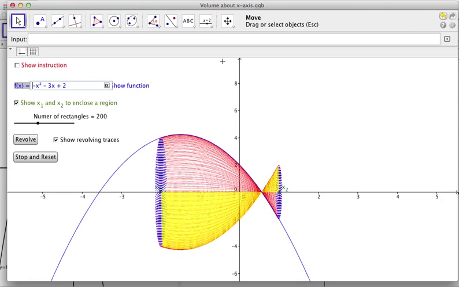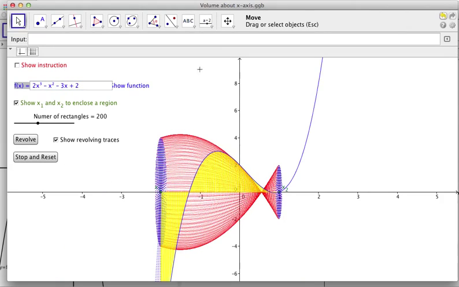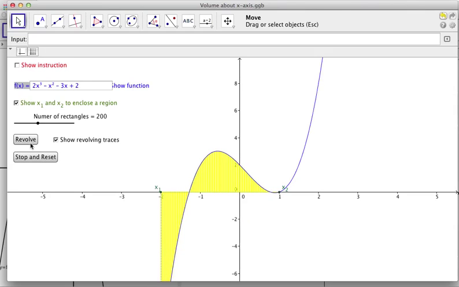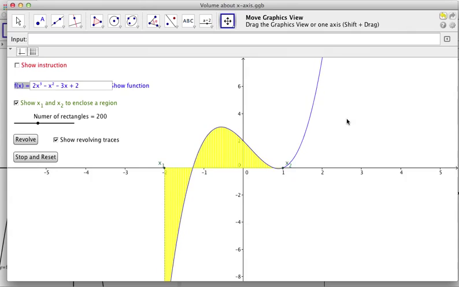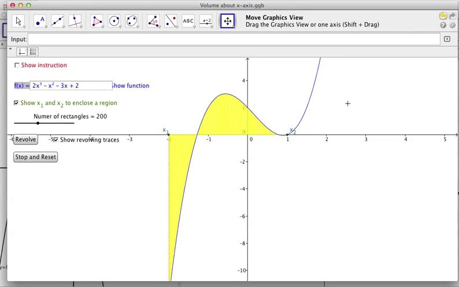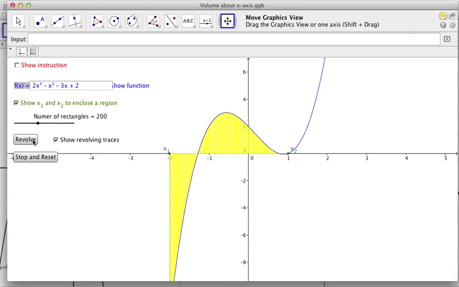So I'm going to put 2x to the power 3, and again it's just to see how all these things change. Let's just move this up a bit so you can see it. Well, some of it, you won't see all of it on this one.